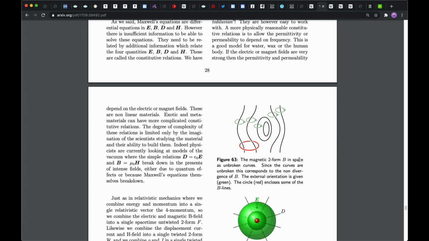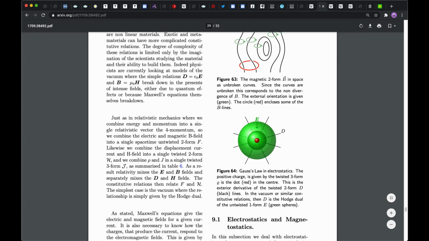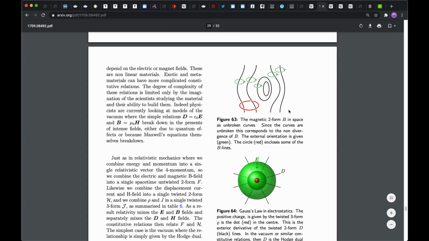So the static magnetic field in 3D space will have lines going off into infinity, or lines that are self-closed, like those ellipses at the center here. That's the depiction of the first Maxwell law from the article.